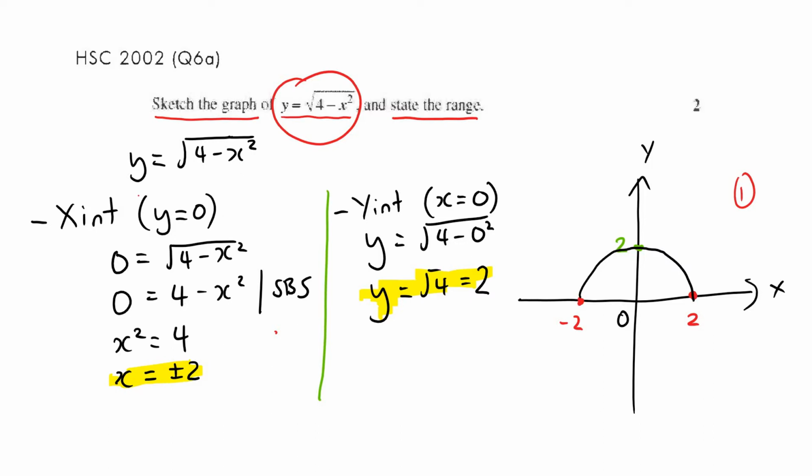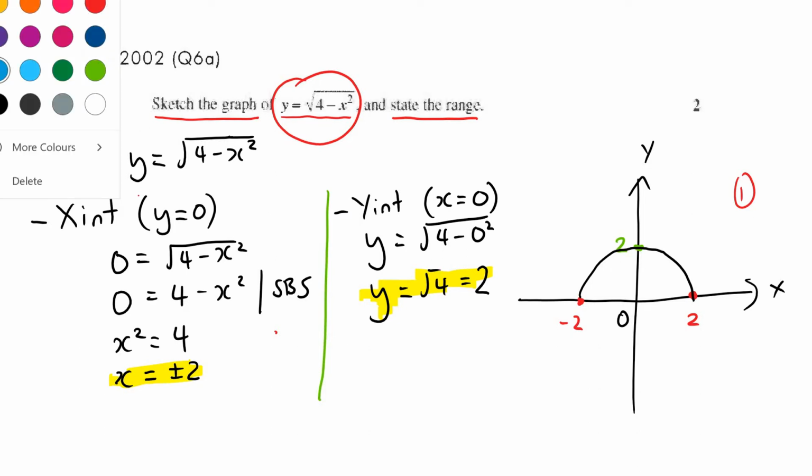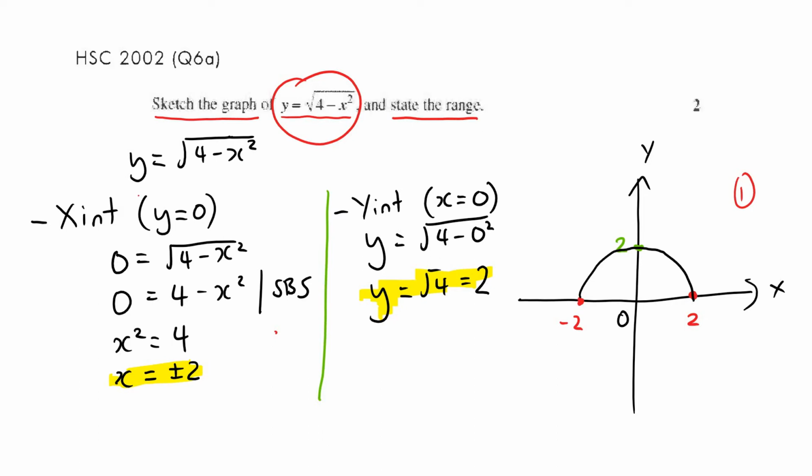Okay, now the other mark comes from stating the range. The range is all the possible y values that this graph can take. Okay. Well, how do we go about finding that from the graph? If you have a look, the smallest y value that I have in this graph is when y equals 0. Like at this point, I've got 2 possible x values.